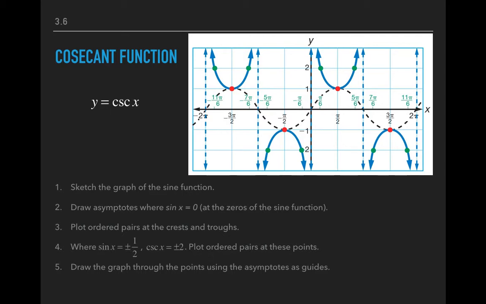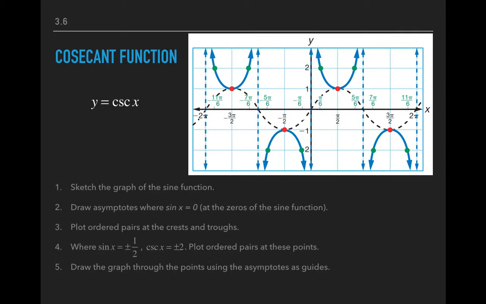Look down on your golden table some more. Sine is 1/2 at 5 pi over 6. So if at 5 pi over 6 sine is 1/2, that means that cosecant would be 2. And that's where those little green dots are being generated from.